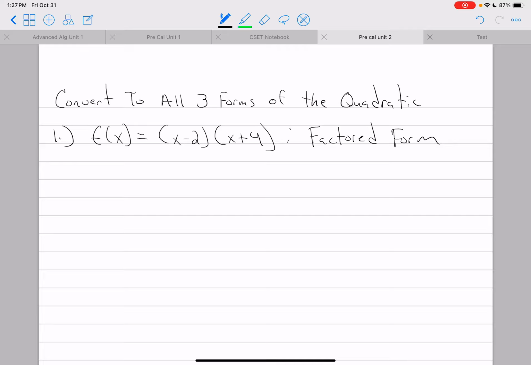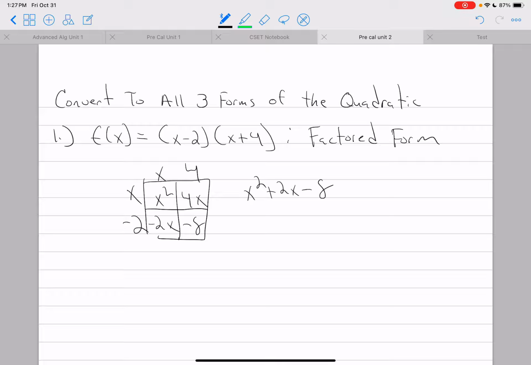So I'm going to take the factors. I'm going to take x minus 2 times x plus 4 to get me standard form. X squared, 4x minus 2x minus 8. I have x squared, negative 4 and 4 and negative 2 is plus 2x, minus 8.